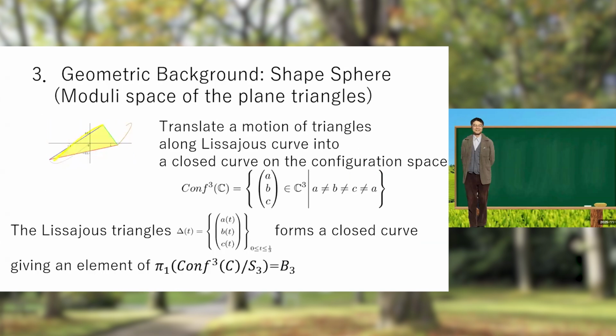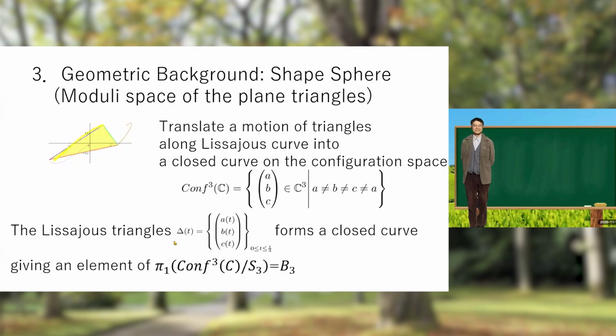For the geometric background, I just want to translate this choreographical dance of triangles, along the Lissajous curve, into a closed curve on the triangle moduli space, the so-called configuration space of three points on the complex plane.